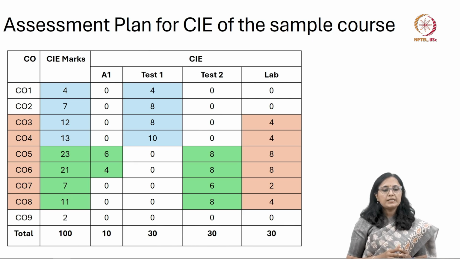You are seeing that from CO3 to CO8, colored in orange, and if you see the last column on lab, for each of these COs we have dedicated some marks for lab. Some component is being assessed in lab. Again, the total weightage for the lab in all is 30.